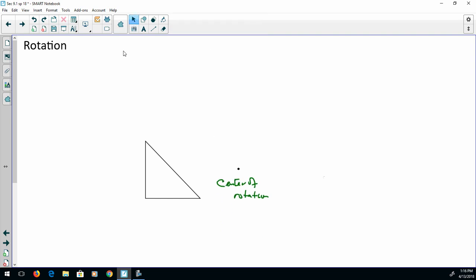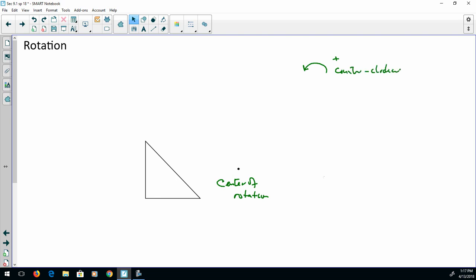Now, we're going to rotate around that. We adopt this convention that, like in trigonometry, a rotation that's counterclockwise is positive, and a rotation that's clockwise is negative.